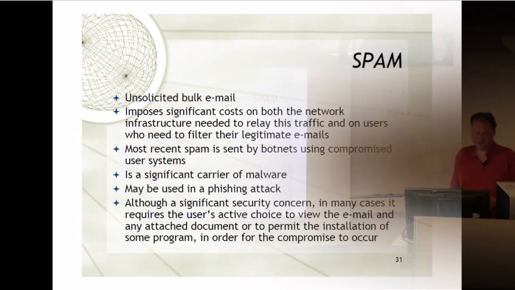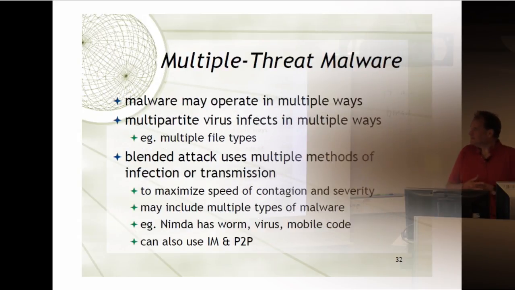Spam, you already know about. We don't have to talk about it much. Multiple threat malware, when you combine different techniques to make a malware work in many different ways, combining different attack targets. It can be both a virus and a Trojan horse and maybe a zombie, something like that. We combine many different things.